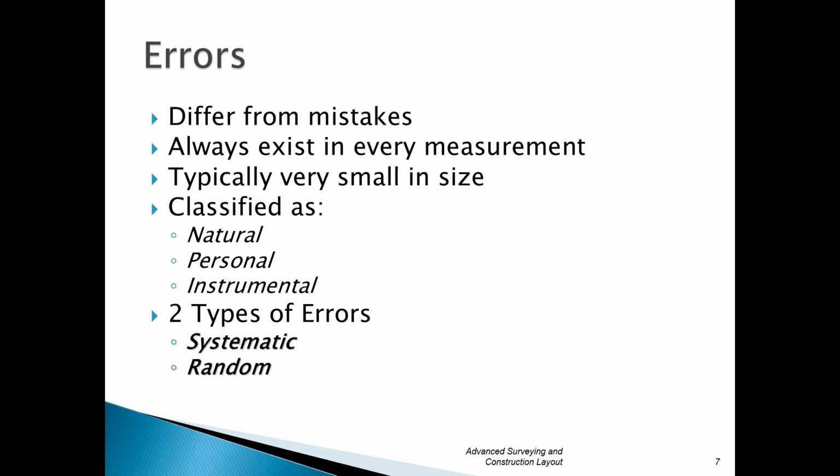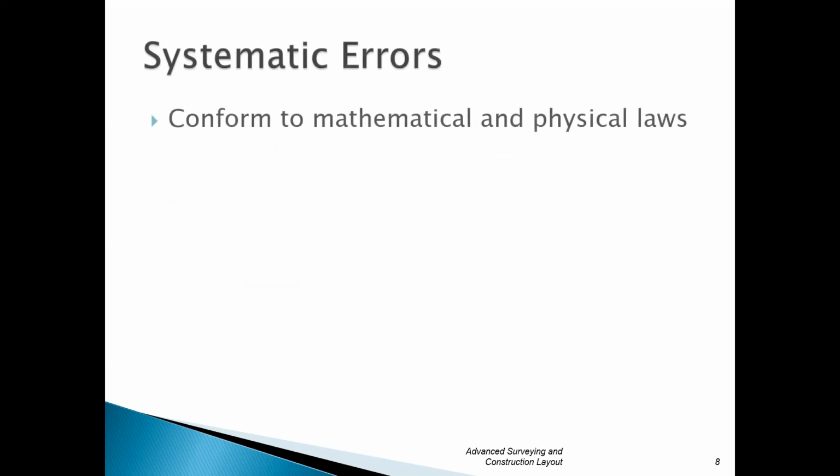They're a little bit different in how they operate. Let's take a look at the systematic first. Systematic errors are the types of errors that conform to mathematical and physical laws. What this basically means is that we can typically write an equation for them if we measure the thing that is creating the error, and we can determine how much that error is and whether it's a plus error or a minus error, and then we can get rid of it.